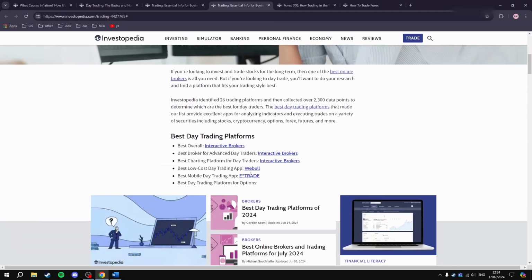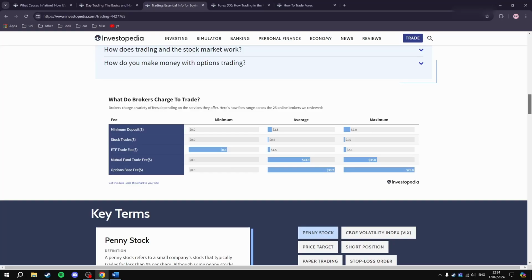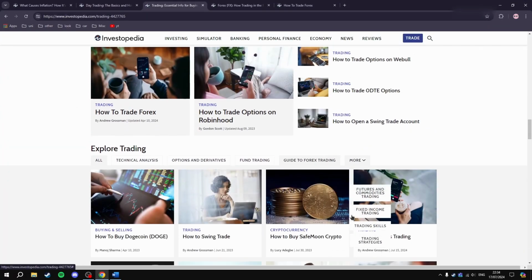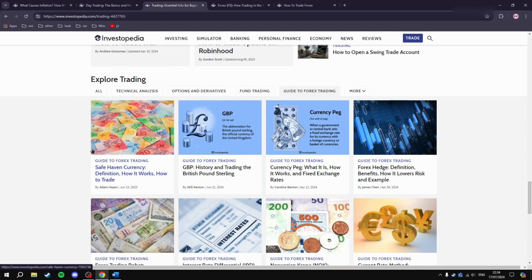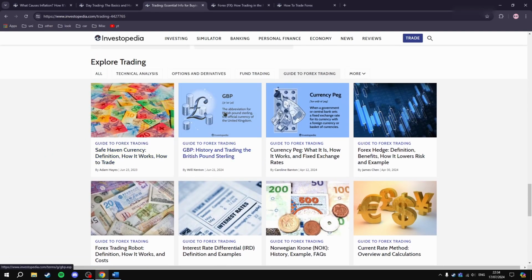Trading. I think I was trying to open that window, wasn't it? Where is it? Guide to forex trading. Okay, so these are all the guide to forex trading. Well, there's a load of articles here.